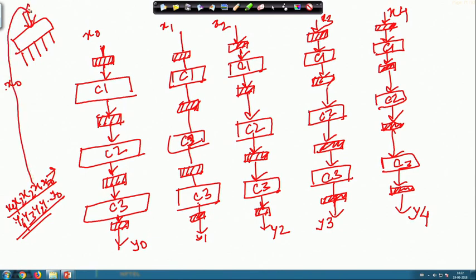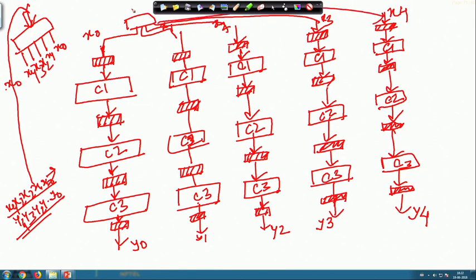Now it will come in and produce x0 over here, x1 over here, x2 over here, x3 over here, and x4 over here. So now I need the demultiplexer block from where all of this will be connected. This is the demultiplexer block at the input side which I require.